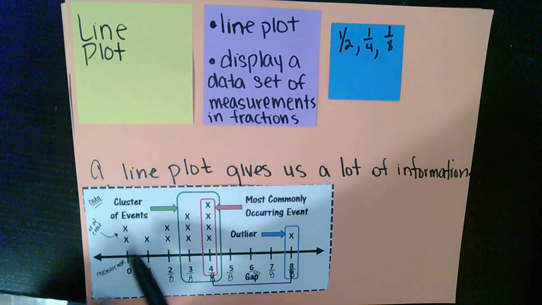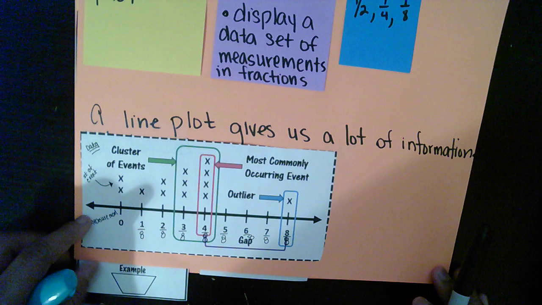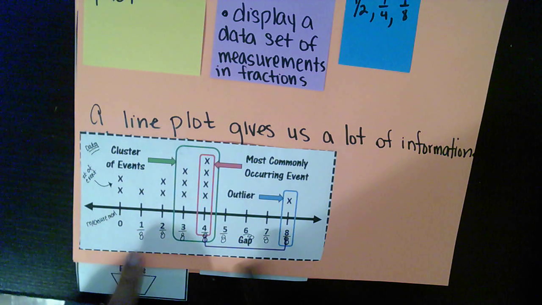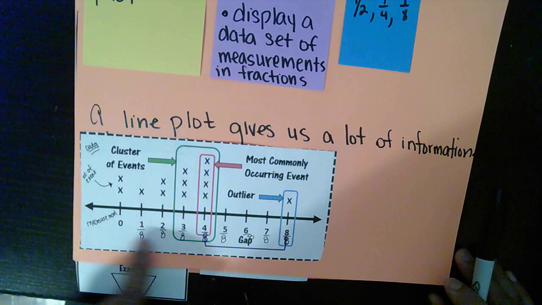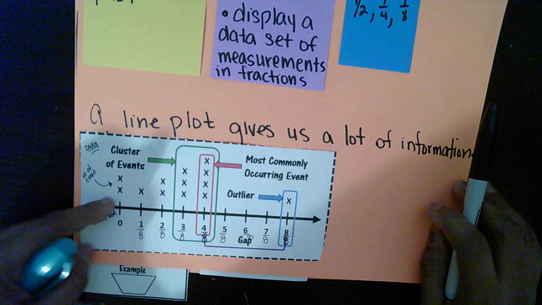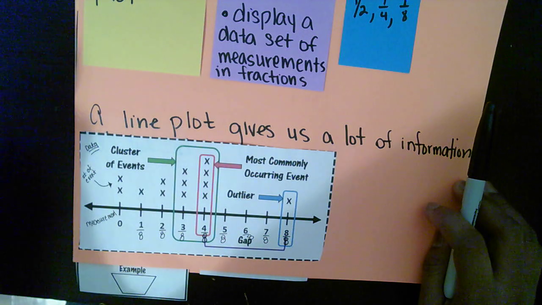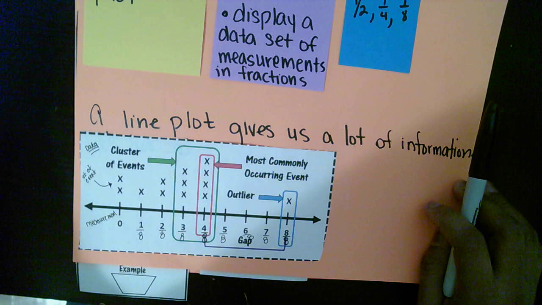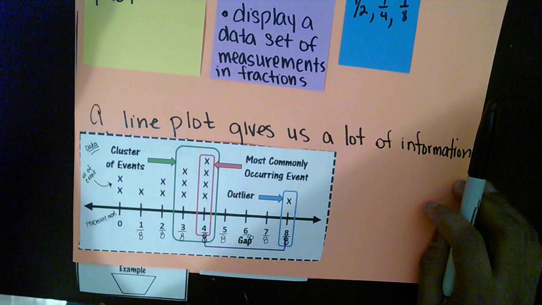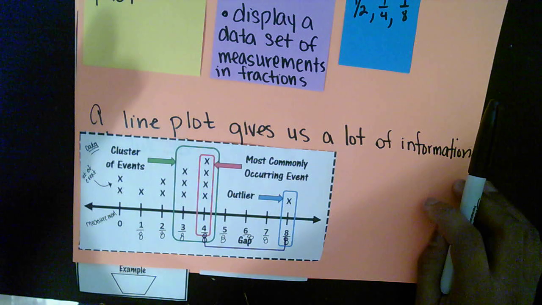Here, if you see at the bottom of your screen is a line plot, and at the bottom of your line plot are the measurements of something that is being measured. These x's that you see here are the frequency that something happened, or the amount of times that something is done.